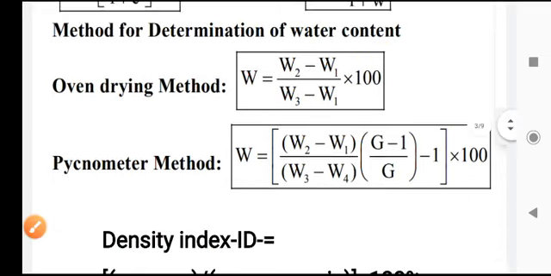For the pycnometer test, by pycnometer we can determine water content and specific gravity also. Here is the water content determination formula.